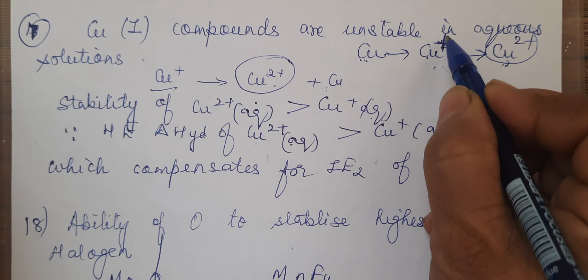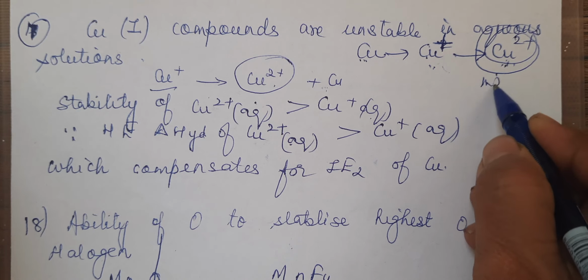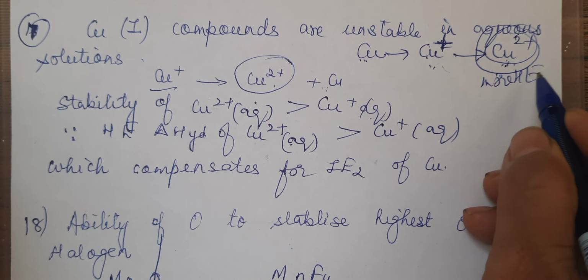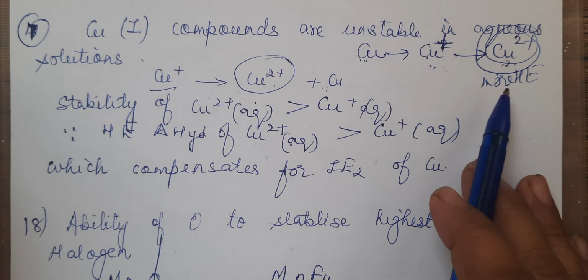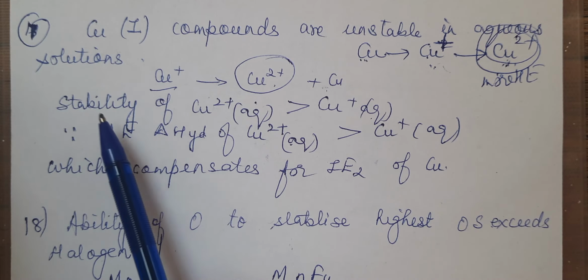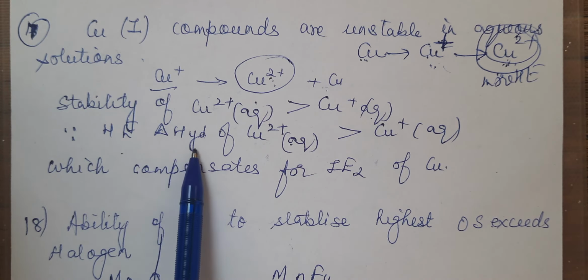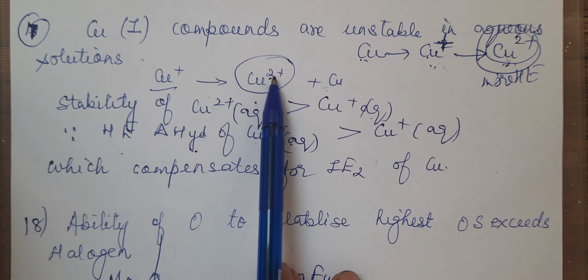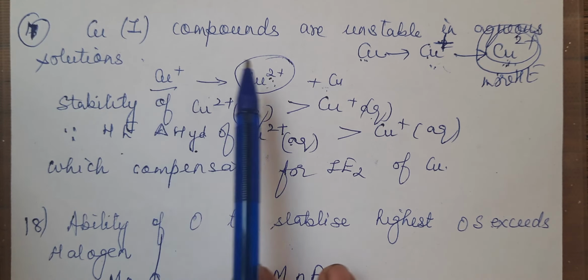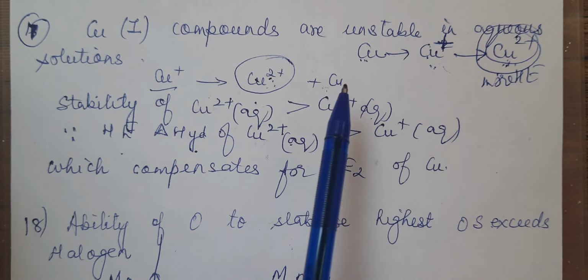If I compare hydration of the two, this will have more hydration enthalpy. So its more negative component exceeds the positive component. So you will write like that, the stability of this Cu2+ aqueous is more because hydration energy of Cu2+ is more than Cu+. It compensates even for the second ionization energy of Cu.